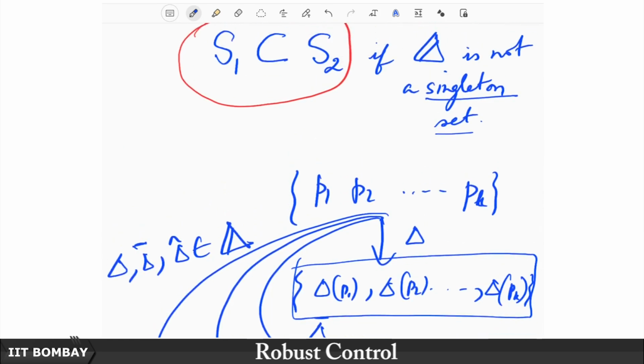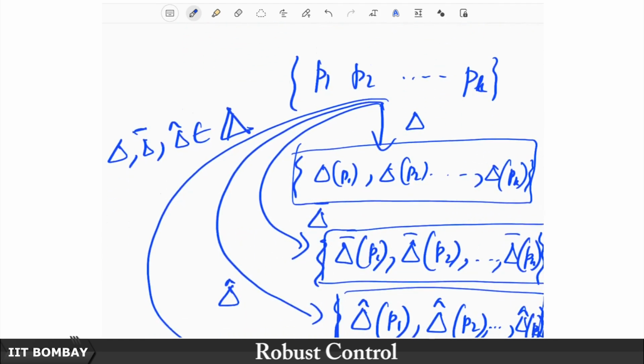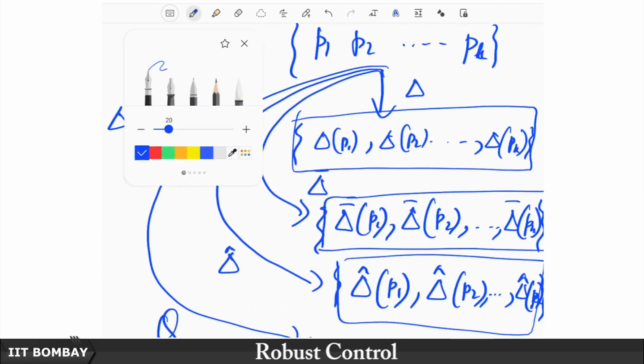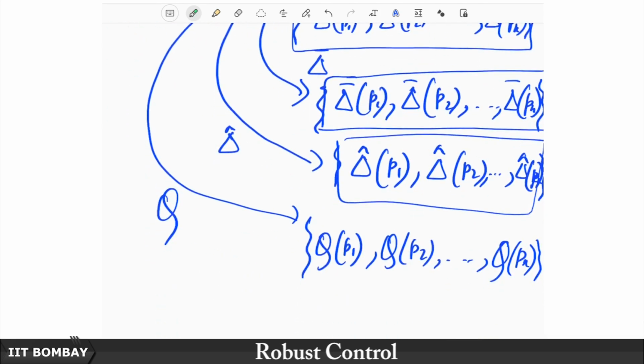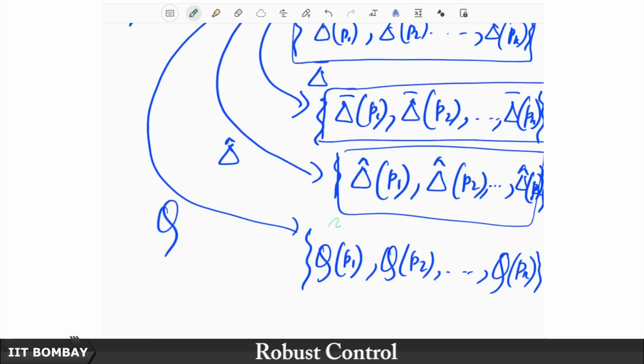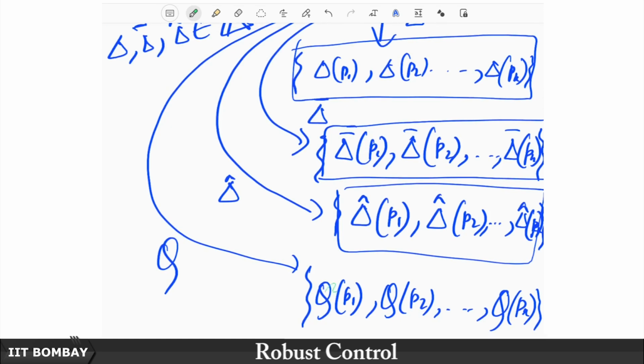The way I have constructed this set delta, a typical way in which this can proceed is, here is what happens. So, maybe this Q P1 is equal to delta P1, but Q P2 is equal to delta bar P2 and Q Pk is equal to delta hat Pk, right. So, all possible input output pairs are appearing.